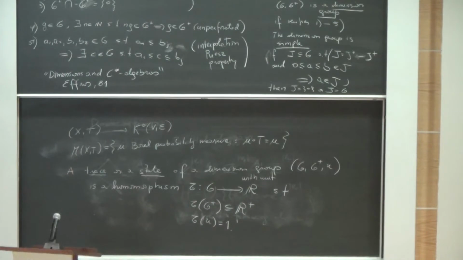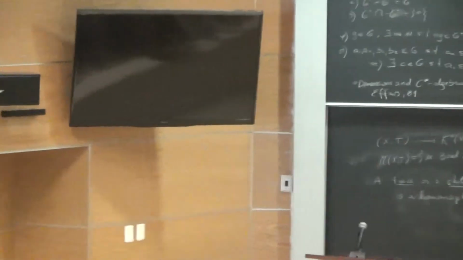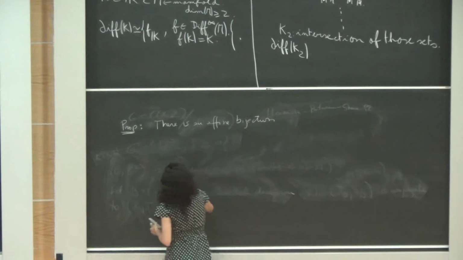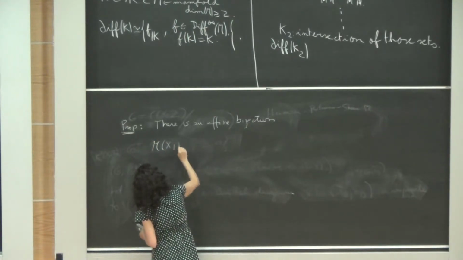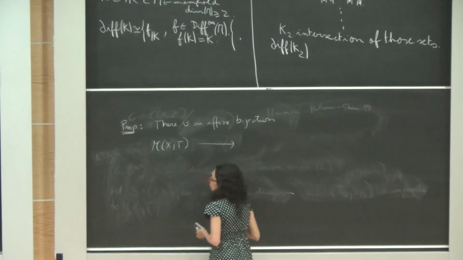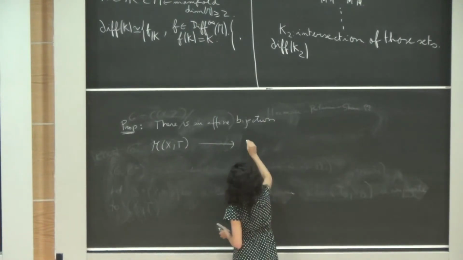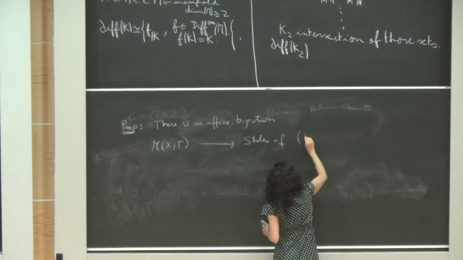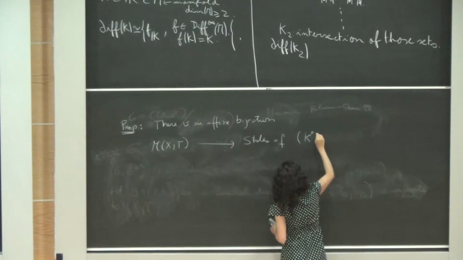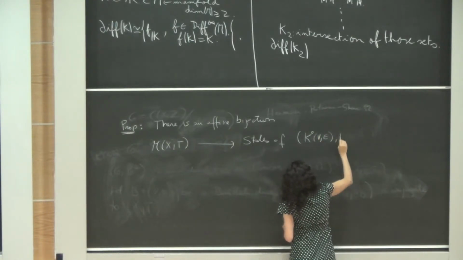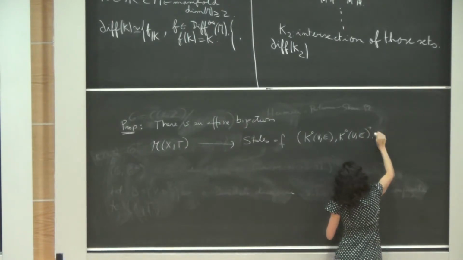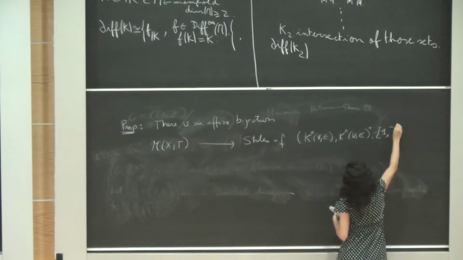So there is an affine bijection between the set of invariant probability measures of X, T and the set of states of K0 of this.